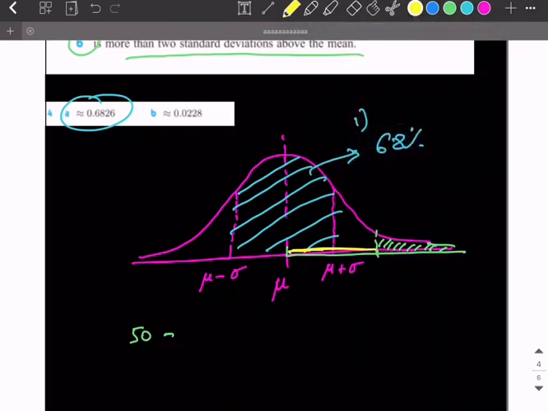Minus this part. What is this part? This is 95 halves. So 50 minus 95 halves is 2.5%. Again, I keep on saying that in the book they are more exact, and we will be more exact using technology later on.